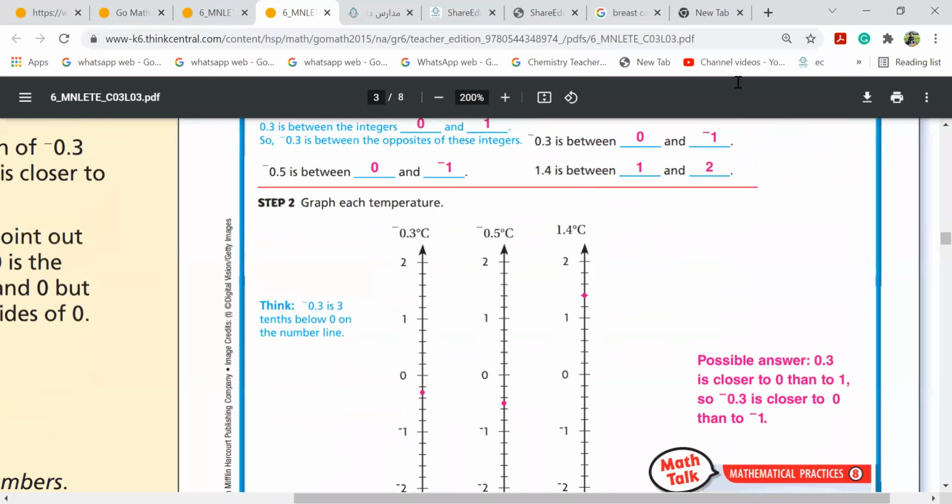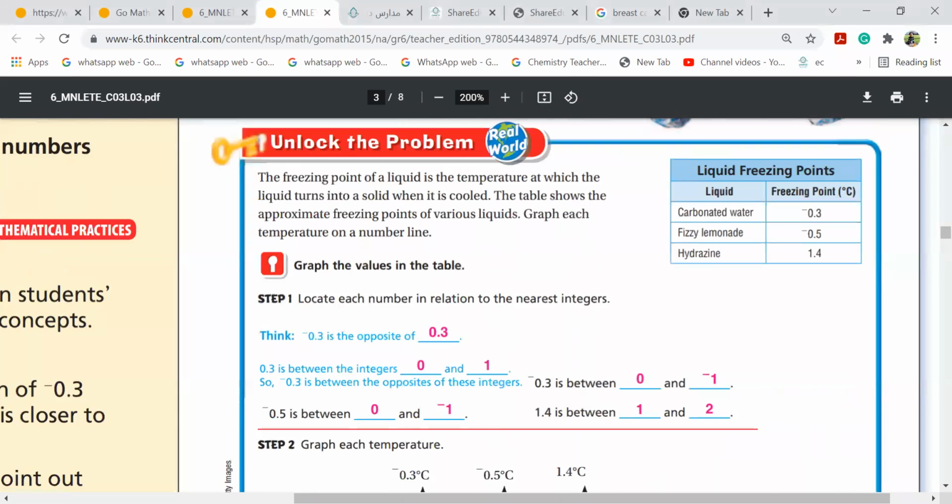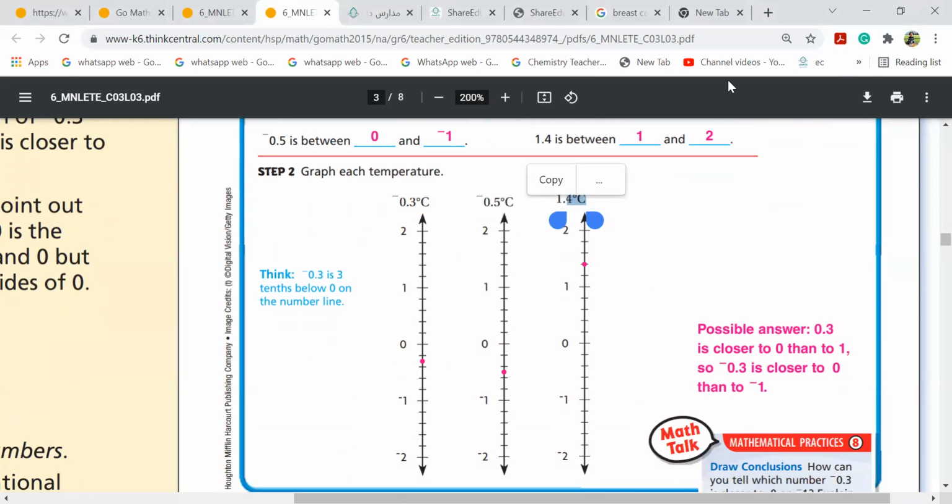Now see, girls, simple. We have 3 numbers. Can you tell me the 3 numbers on the table? Minus 0.3, minus 0.5, and 1.4. These are the 3 temperatures. They ask us to plot on this.